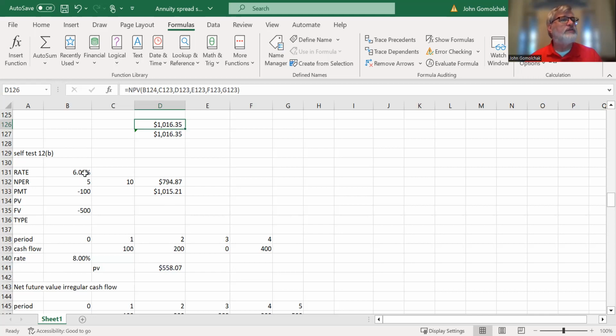So 6% is what we were told. 5 years, payments of $100 per year, right? Ordinary annuity, by the way, and the future value, the $500 when we get it in the end. So it's a negative number.